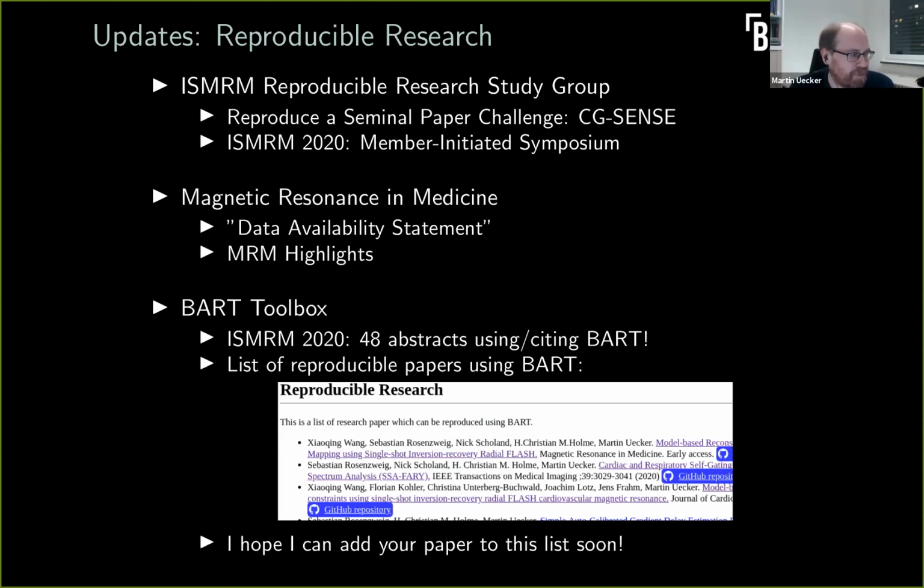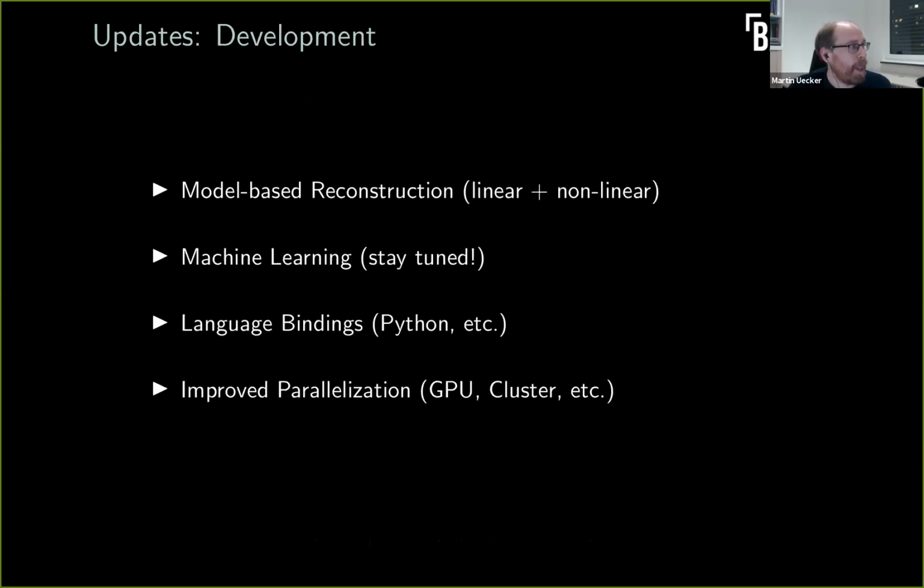At least from some groups, there are reproducible papers using the BART toolbox. For now, they are mostly from my group, so we do this a lot, but I hope more and more people produce such papers which can be reproduced using BART. If you have such papers, I'm very happy to add them to the BART website to highlight your paper.